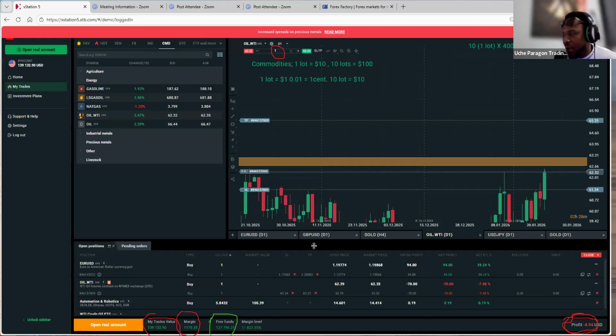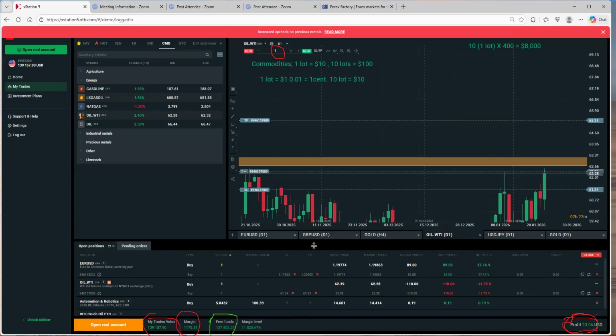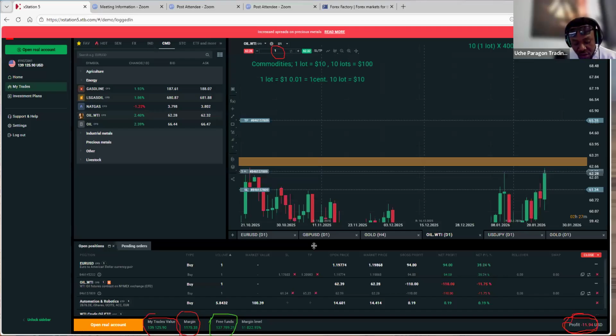Like me, I only come to market to make money. I didn't come to market to save money. Some of you may want to save the money, so you could adjust your risk. It just depends, and that's why it's difficult to decide your risk.